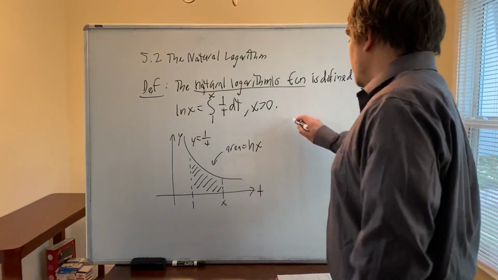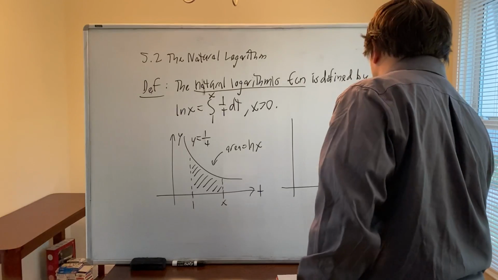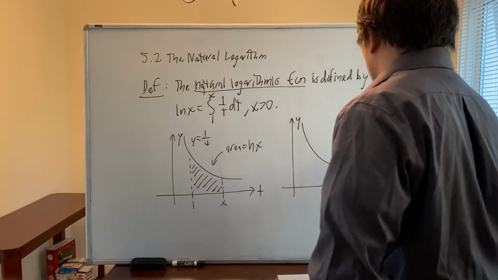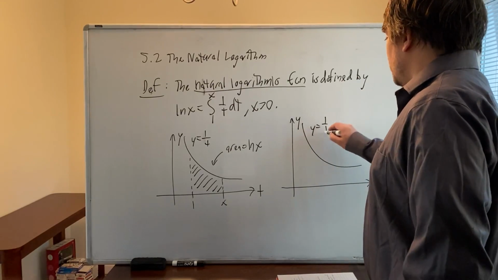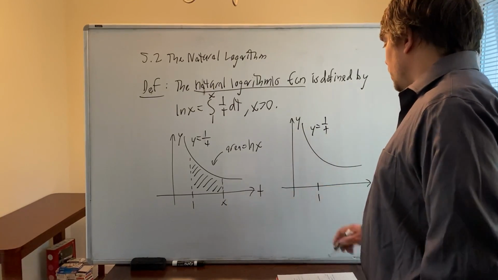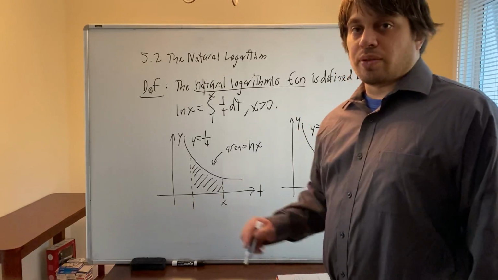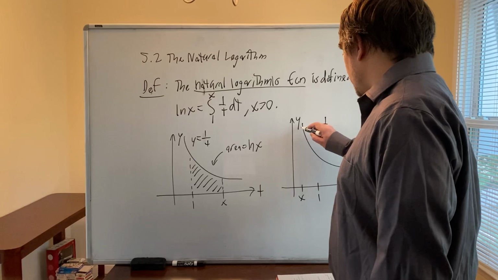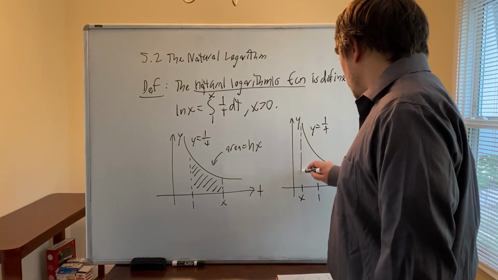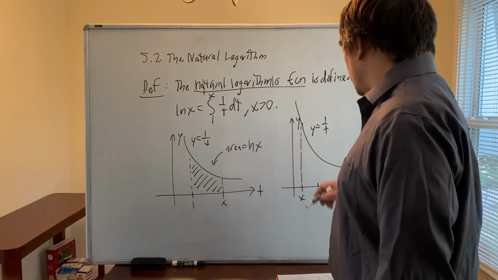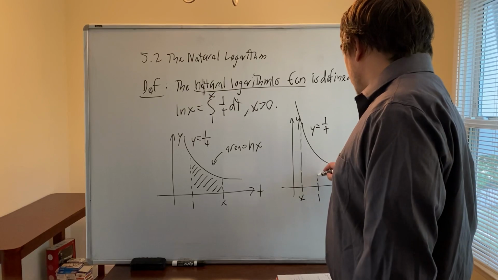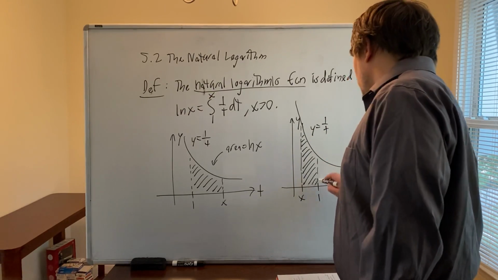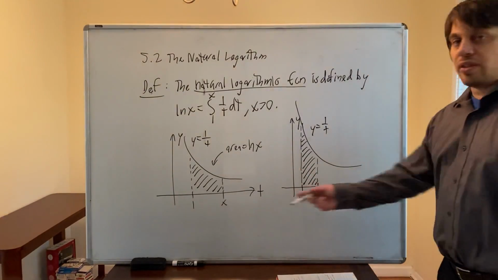Now, also, if you have this area here, this is the t-axis, this is the y-axis, this is the same graph, y equals 1 over t, and here's t equals 1. Now, instead of x being greater than 1, x could be less than 1. And if that's the case, then when you take the area between t equals x and t equals 1, now x is to the left of 1.